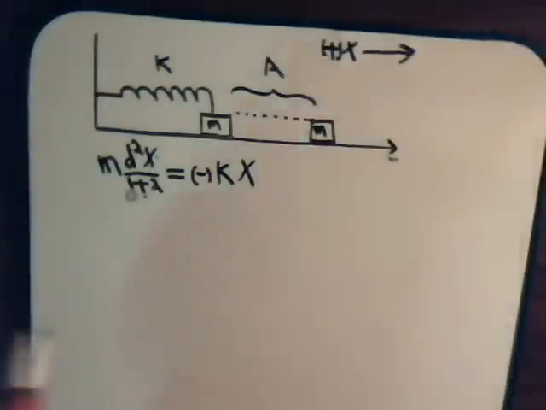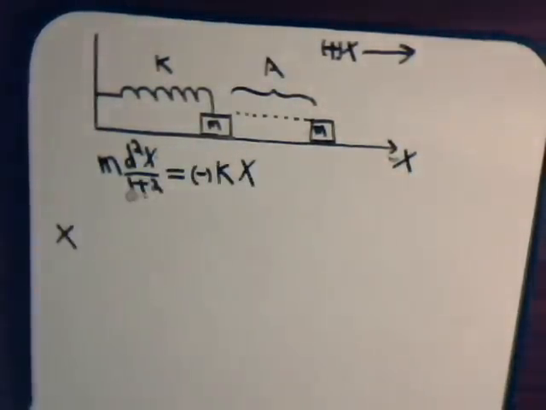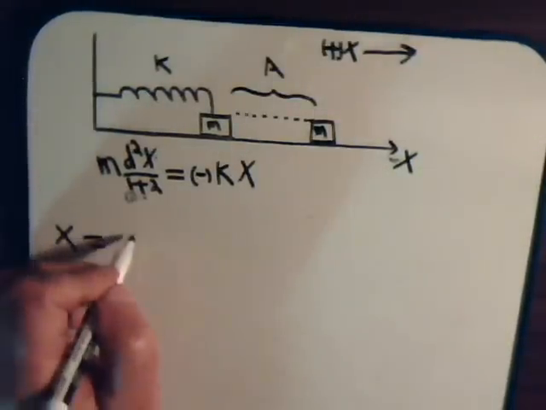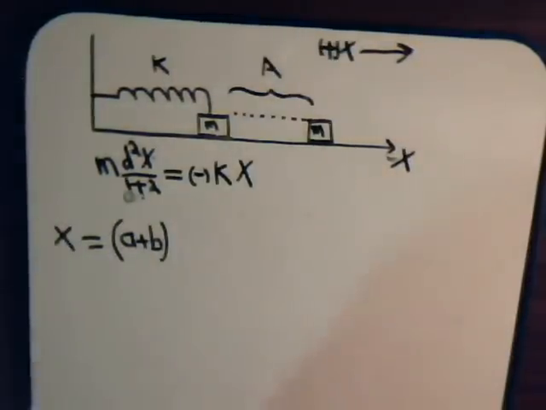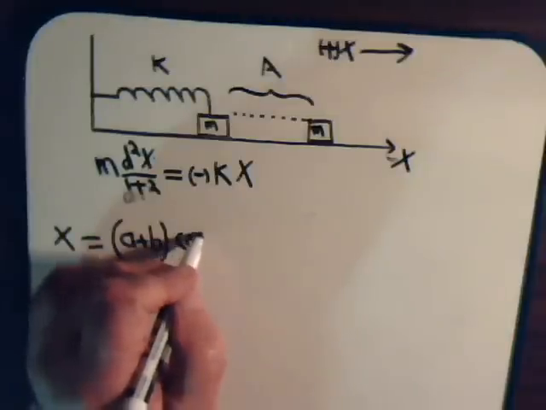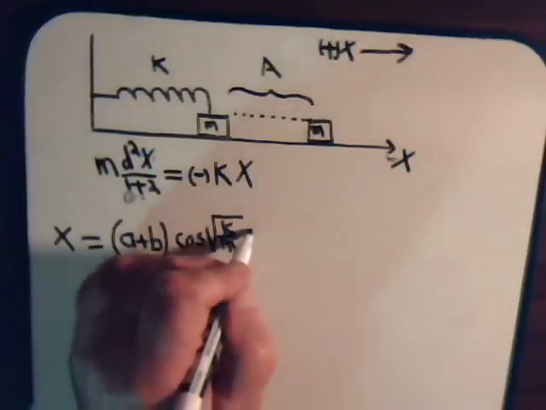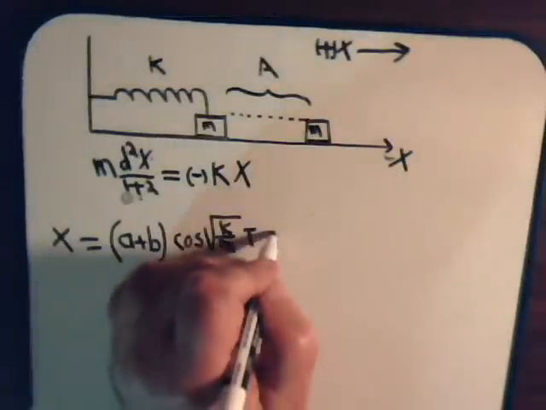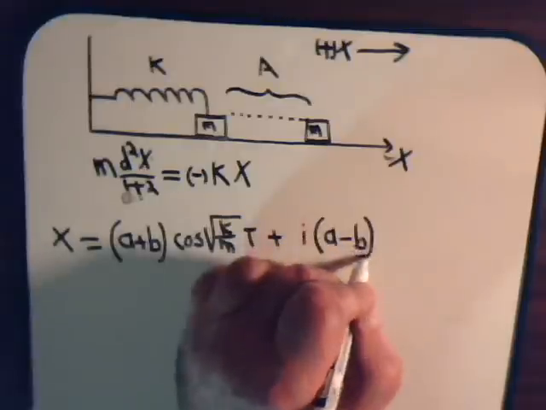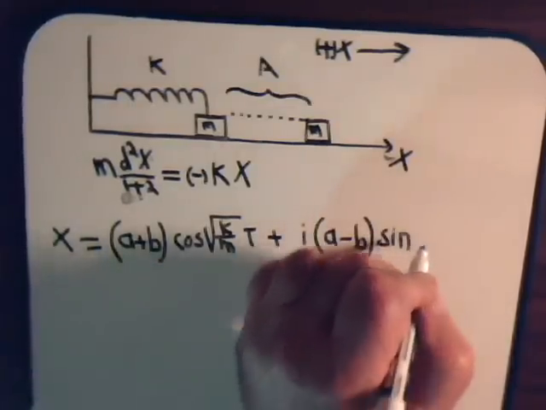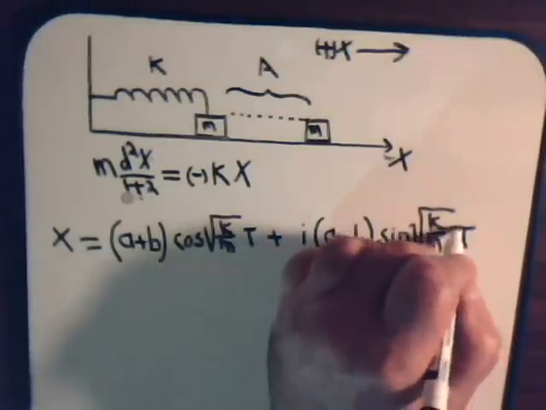The way it stands right now, the position of the block along the x-axis equals a plus b, where a and b are arbitrary constants, times the cosine of the square root of k over m times t, plus i times a minus b times the sine of the square root of k over m times t.